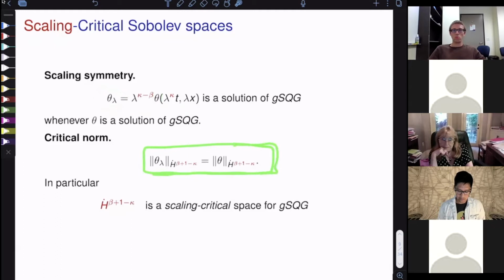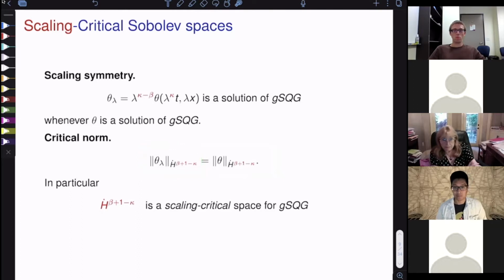Under this transformation, one sees that the norm H^(beta plus 1 minus kappa) is preserved under it. And so this is the sense in which I mean that this Sobolev space is a scaling critical space for the equations.